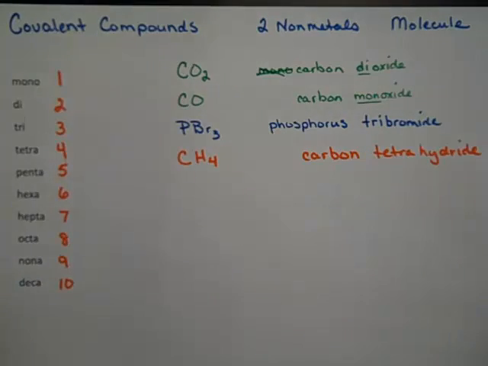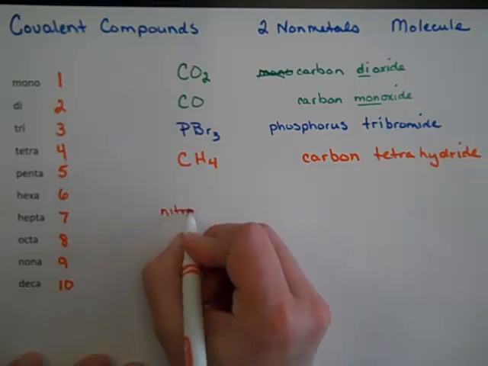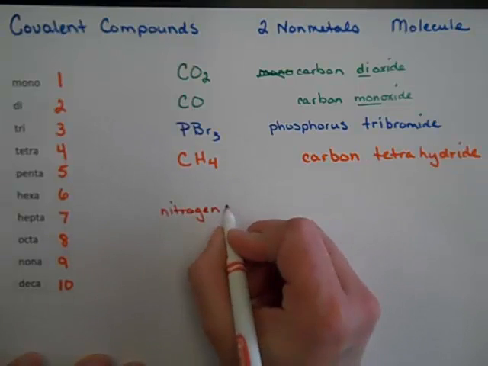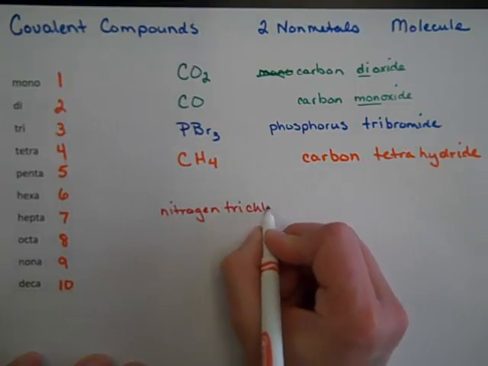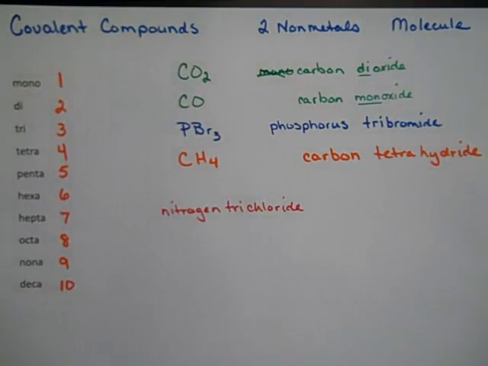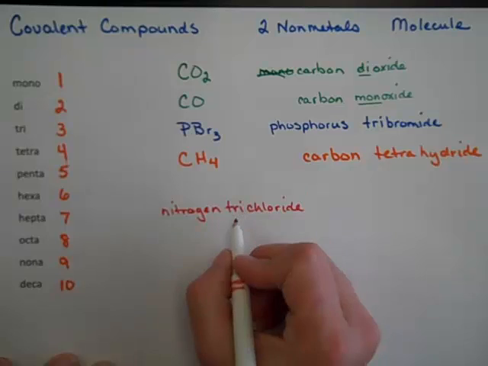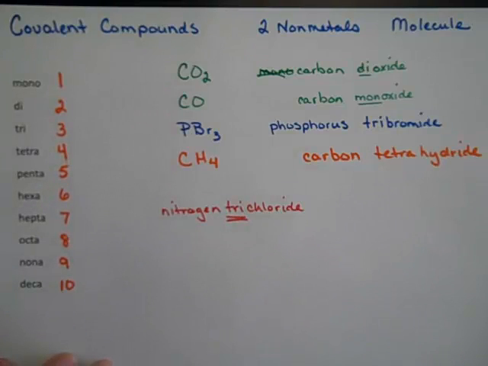Now, what if we want to go the other way? What if we are sitting here and we have nitrogen trichloride? Okay, what if we're reading through our lab and we find nitrogen trichloride? The clue here, there's a prefix in there.